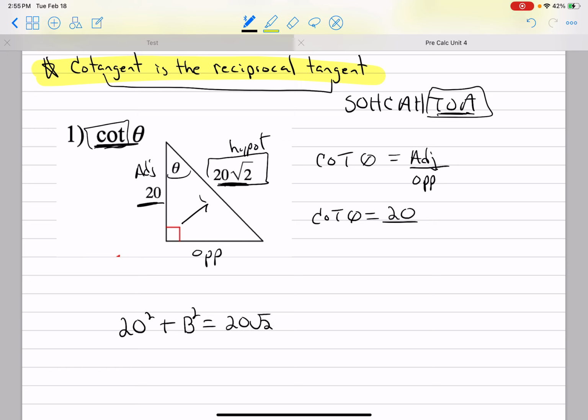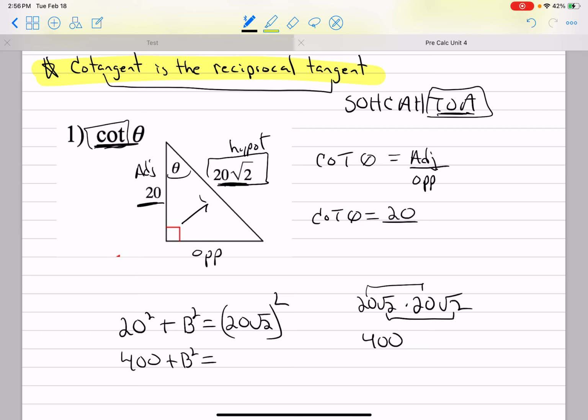So 20 root 2 squared. 20 squared is 400, plus b squared equals 20 root 2 times 20 root 2. Well, 20 times 20 is 400. Root 2 times root 2 is 2. And 400 times 2 is 800.